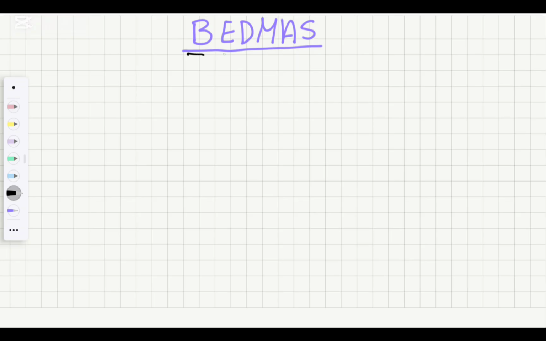BEDMAS has 6 different letters, and they all stand for a different operation. Some of them you might have heard before, some of them you might have not. That's okay. So B is our first one, and it stands for brackets. Then we have E, which stands for exponents.